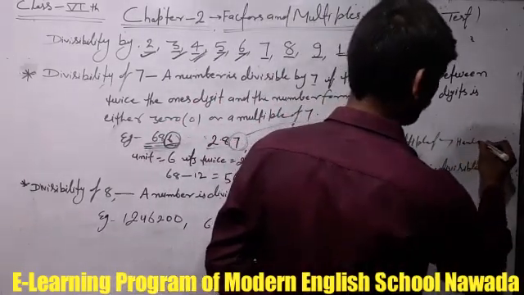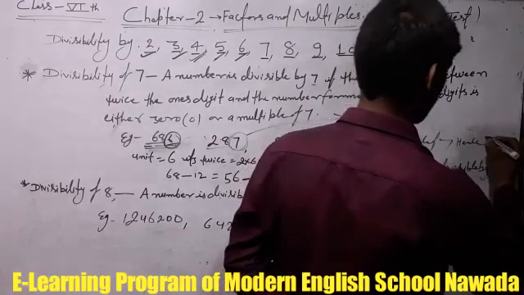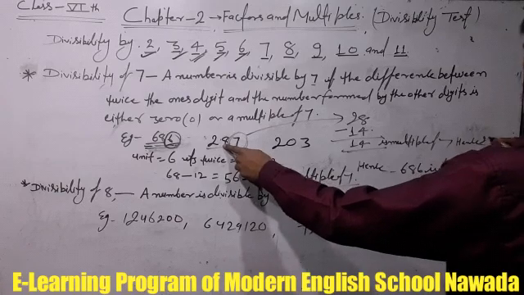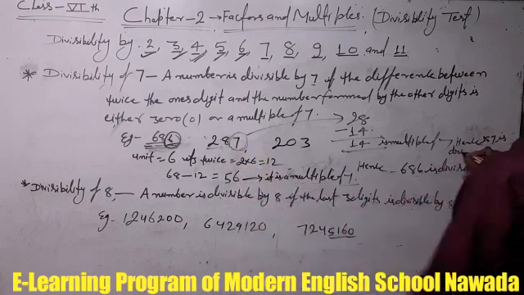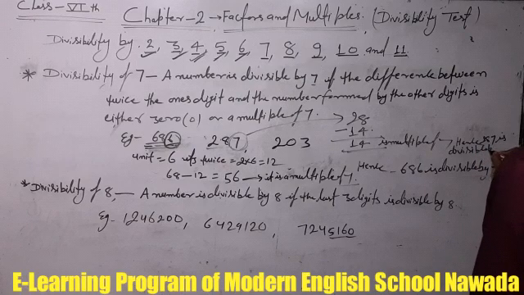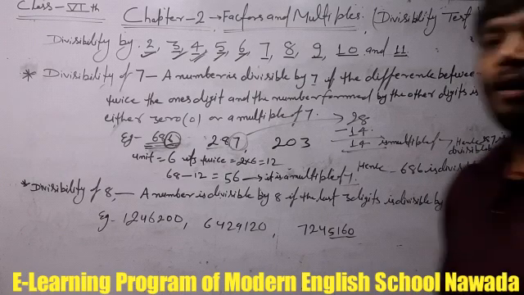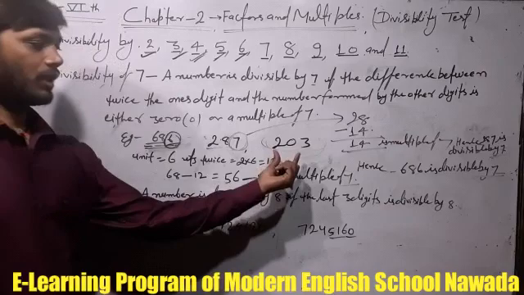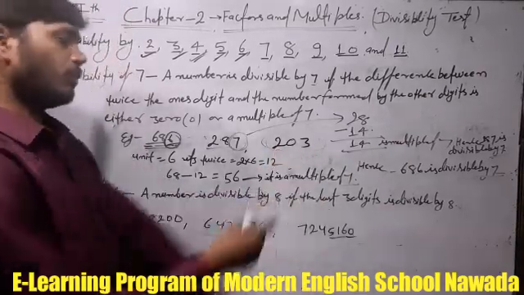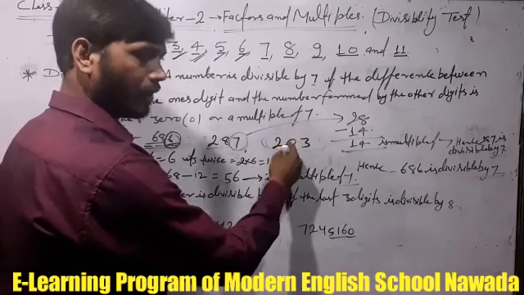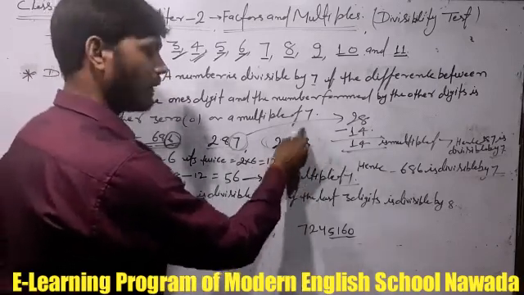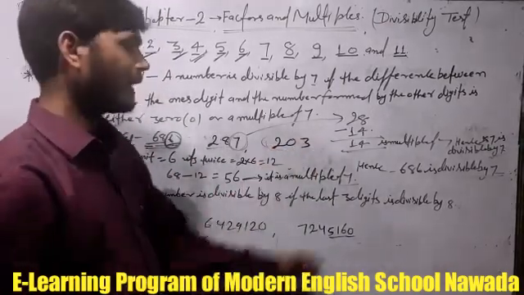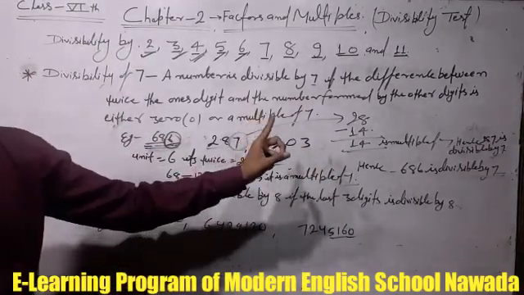Hence the number 287 is divisible by 7. I think you understand this divisibility. So you can check this divisibility also for 203. You can observe when you take twice the unit digit, the difference is 14. That means this number is also divisible by 7.